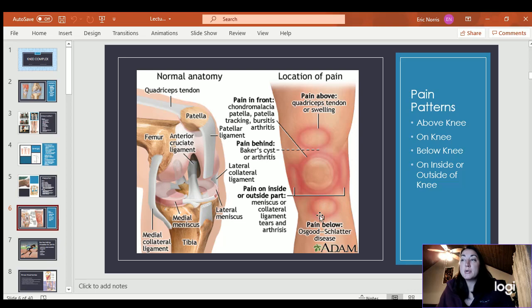Pain below the knee, maybe Osgood-Schlatter, we'll go over that. That's typically in adolescence. Could also be some patellar tendinitis, maybe in an adult who wouldn't have Osgood-Schlatter at that point. And then pain on the outside of the knee could be the meniscus or one of the collateral ligaments that has torn or gotten weakened.